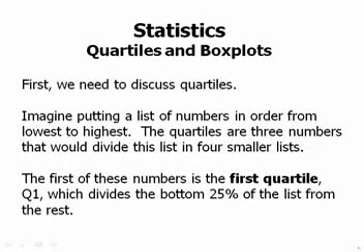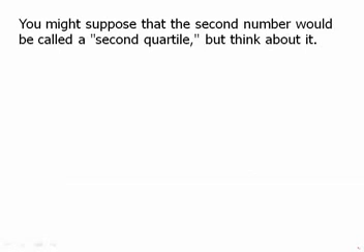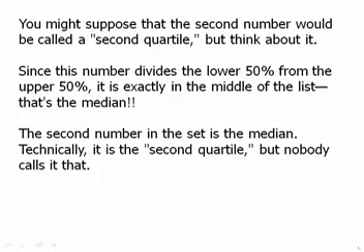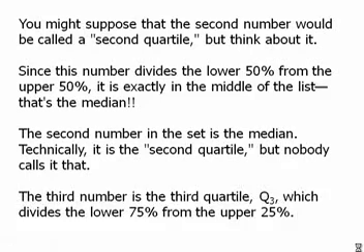That's the first quartile. You might suppose that the second number would be called the second quartile, but think about it. Since this number divides the lower 50% from the upper 50%, it is exactly in the middle of the list. That's the median. The second number in the set is the median. The median is one of the quartiles. Technically, it is the second quartile, but nobody calls it that.